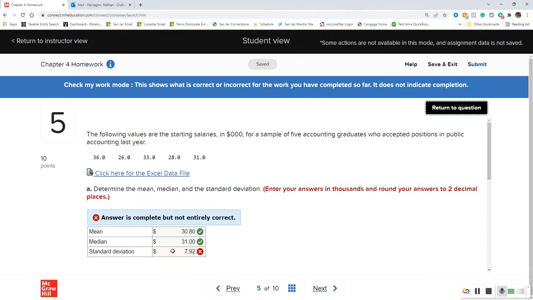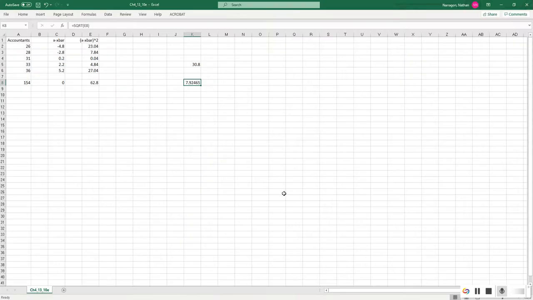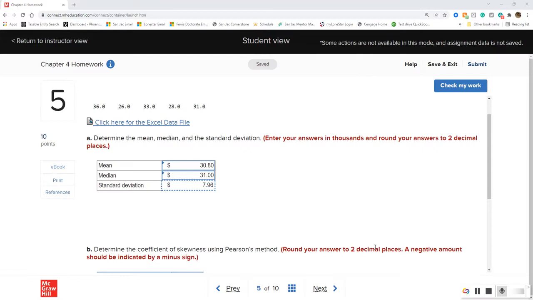We're going to check to make sure we have all three. May have missed a number here. Okay, so I forgot a step.